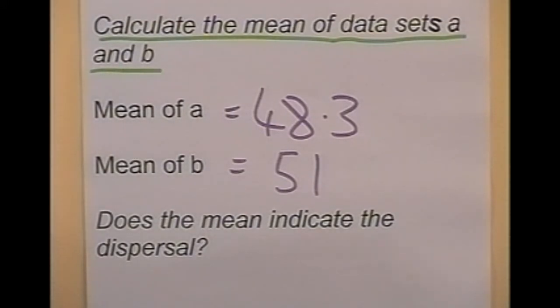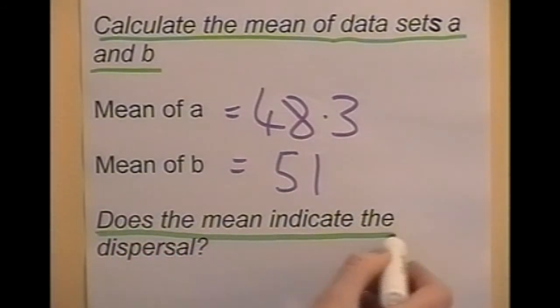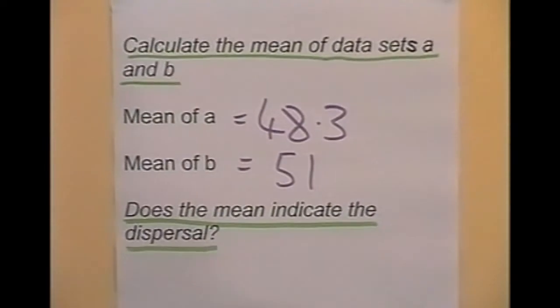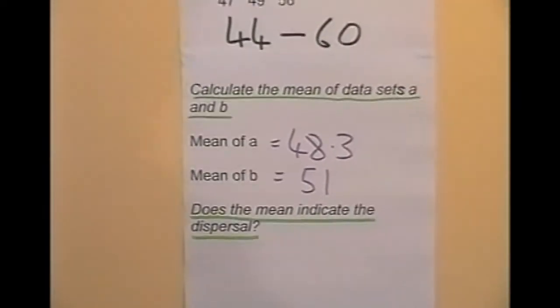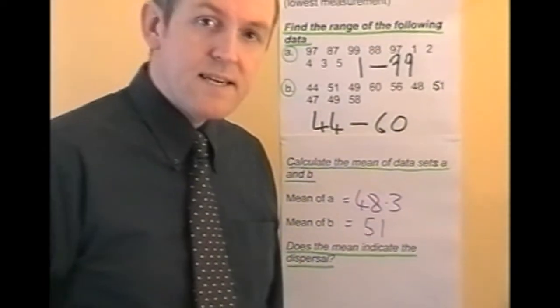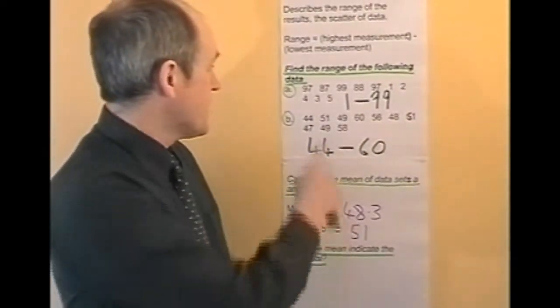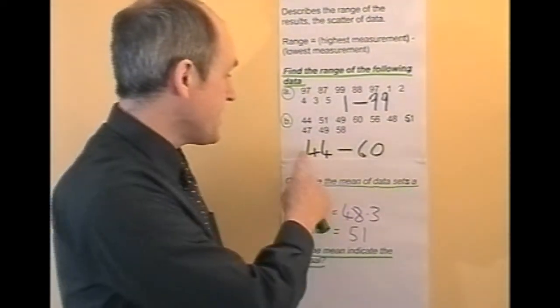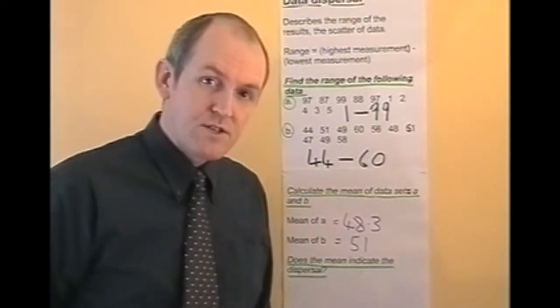Now the next question is, does the mean indicate how dispersed the data is? Does the mean indicate the dispersal of the data? Well, I think you can see that with data set A, there's a large range, and with data set B, there's a relatively small range.